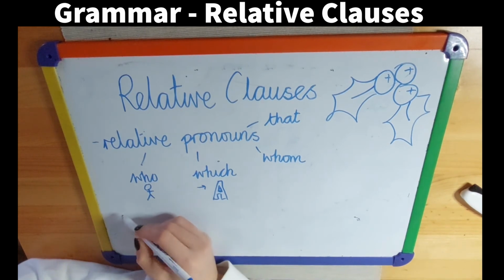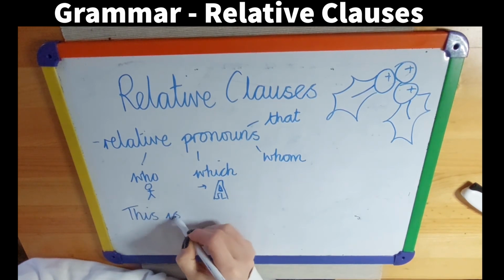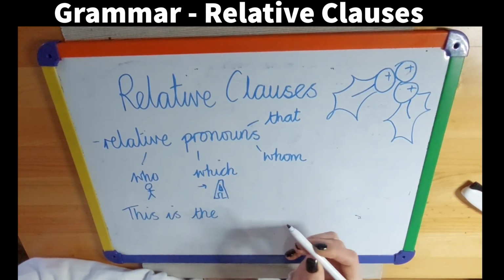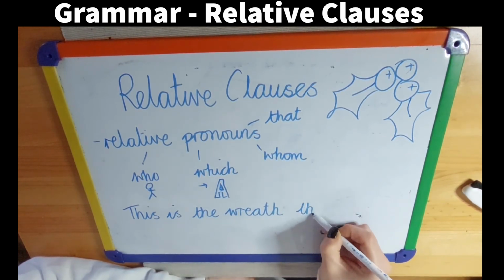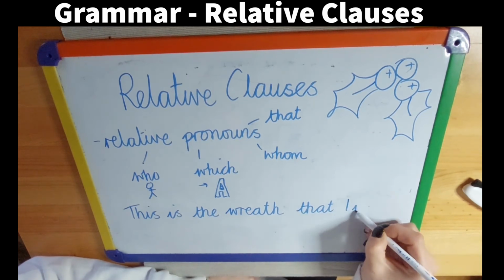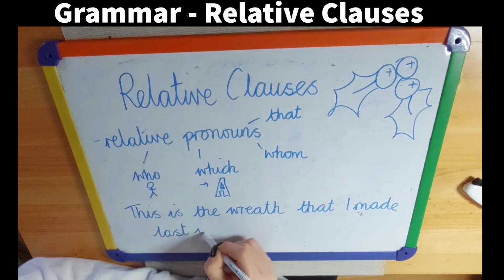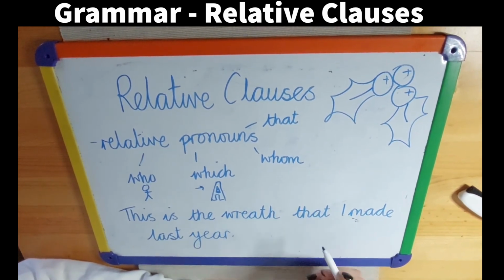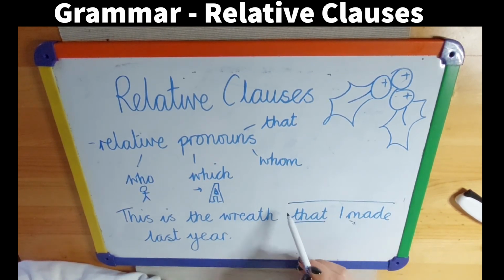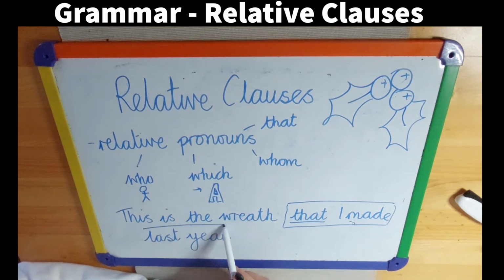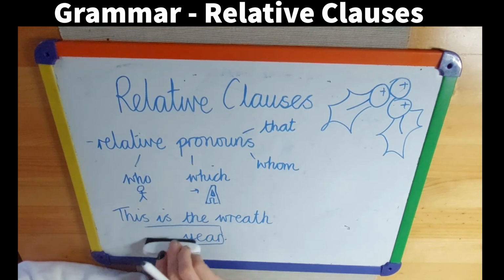So this is the wreath that I made last year. So in this sentence, that is my relative pronoun, and then my relative clause is that I made last year. And again, if I take that away, my sentence will still make sense. This is the wreath.